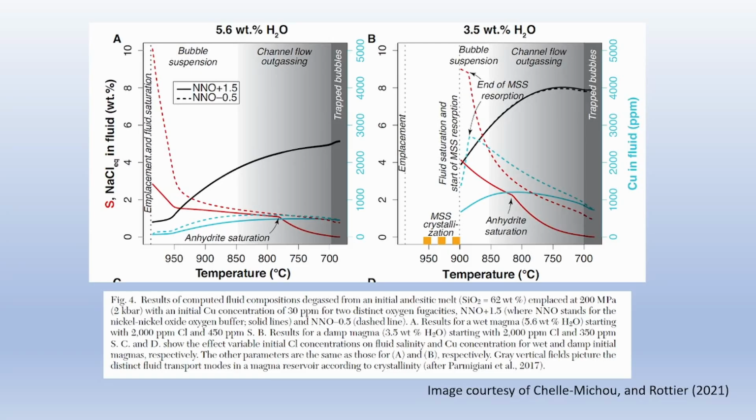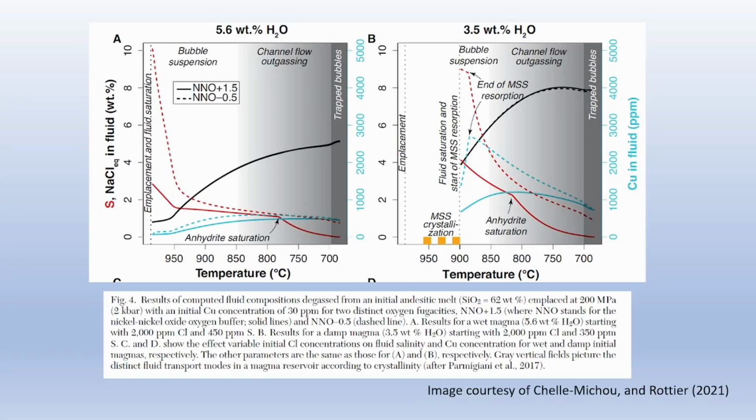Well, in this graph we see the behavior of a wet magma reaching water saturation as temperatures drop from 950 to 700, and then the degassing process kicks in. At higher temperatures, gas bubbles begin to form, but they're trapped in the melt.